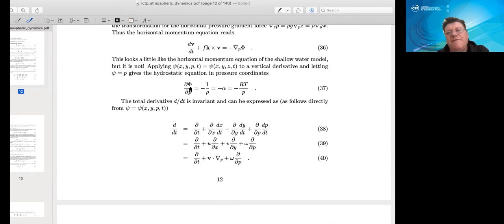So d phi by dp, which is d geopotential by dp. We replace the density by the perfect gas law, and then we get the temperature here. So this allows us to express the temperature in terms of the derivative of our geopotential or stream function.